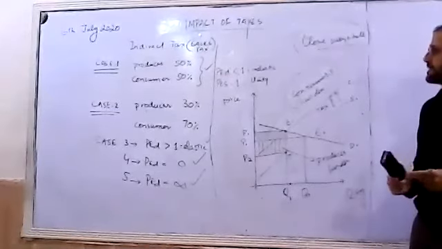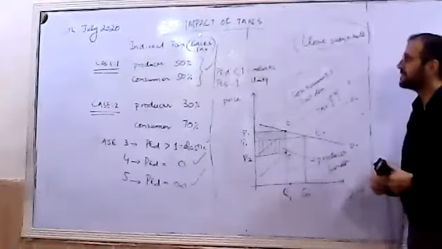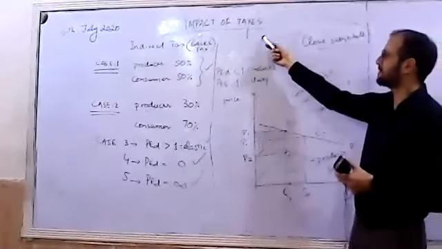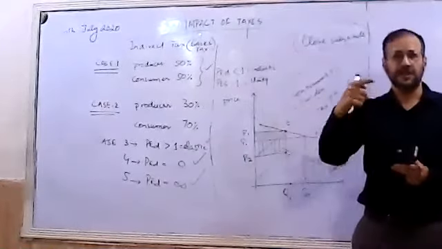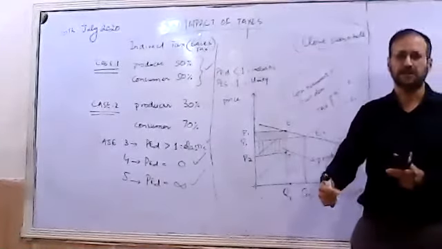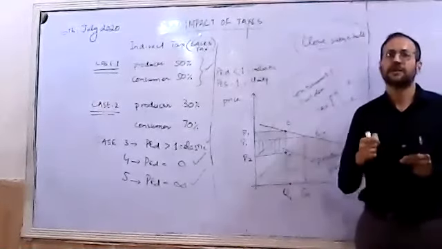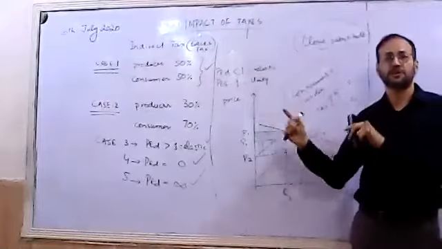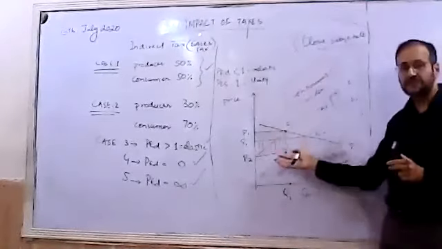So summing up today's lesson, what we have learned today is about the impact of taxes, dear students. The impact of taxes shows how the government puts the tax, especially indirect taxes, on the seller in the market, and how the seller smartly can transfer it to the consumer. And it all depends upon the concept of elasticity.